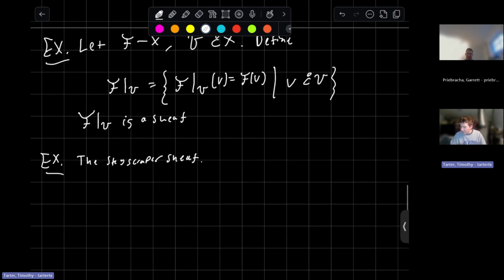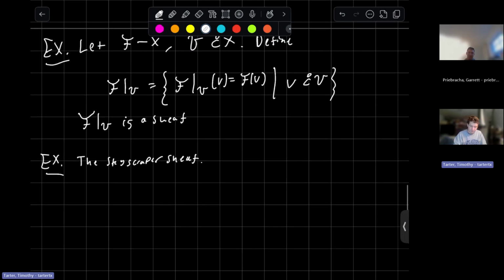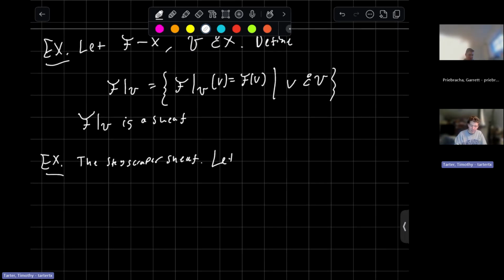Yeah. We'll define the skyscraper sheaf. So let X be a topological space and have a point P in it. And let S be a set.